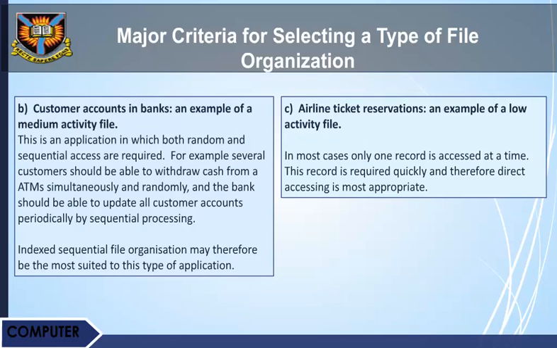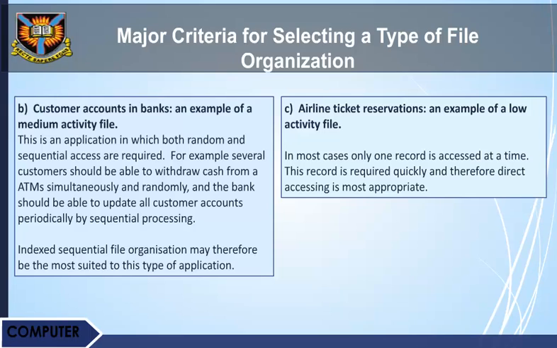B. Customer accounts in banks. An example of a medium activity file. This is an application in which both random and sequential access are required. For example, several customers should be able to withdraw cash from an ATM simultaneously and randomly, and the bank should be able to update all customer accounts periodically by sequential processing.